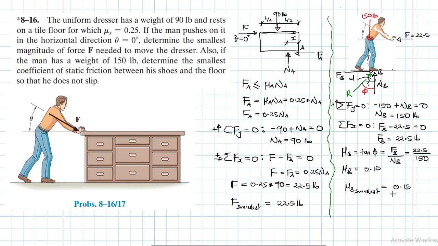So this is the smallest coefficient of static friction between his shoes and the floor so that he should not slip. We found the smallest static coefficient of friction, and we've also found the smallest magnitude of force needed to move the dresser.